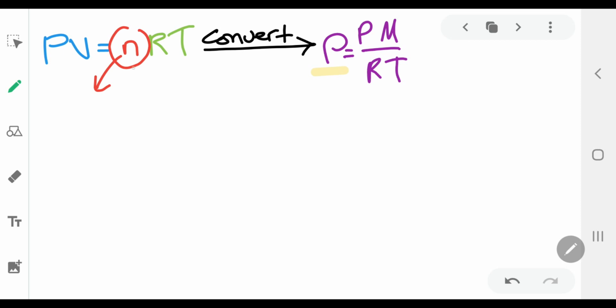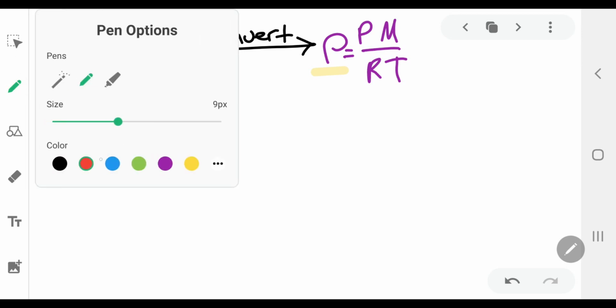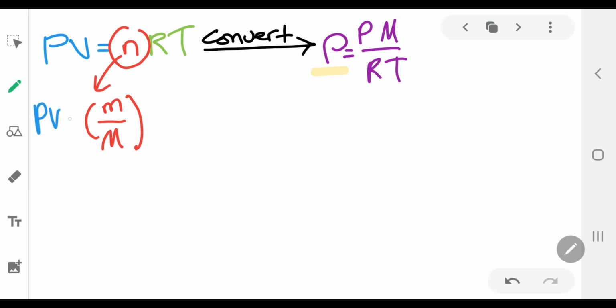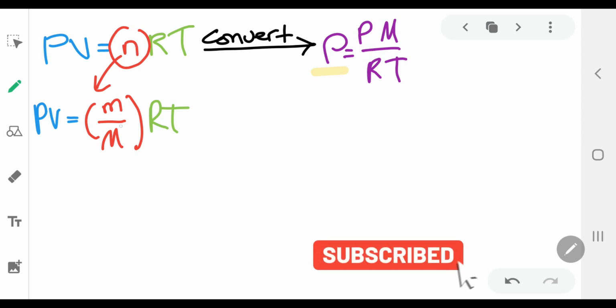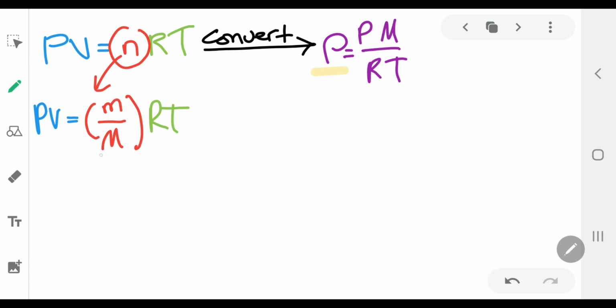That n can be rewritten as small m, mass, over big M, molar mass. So this n, number of moles, can be rewritten as mass, small m, over molar mass, capital M.